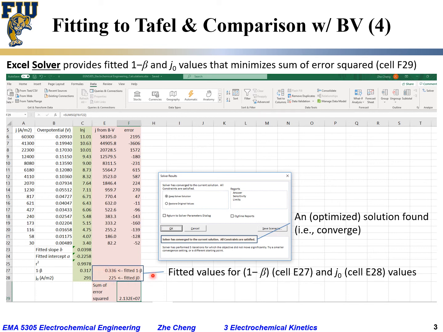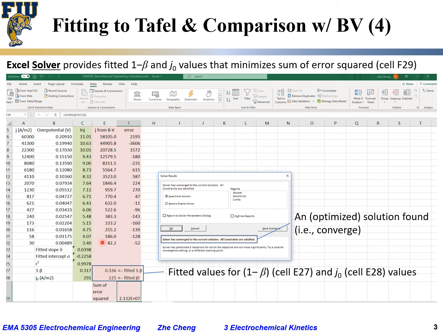So these are the fitted values for 1 minus beta and J0 by using Excel solver to fit directly into the Butler-Volmer equation for current density and overpotential.